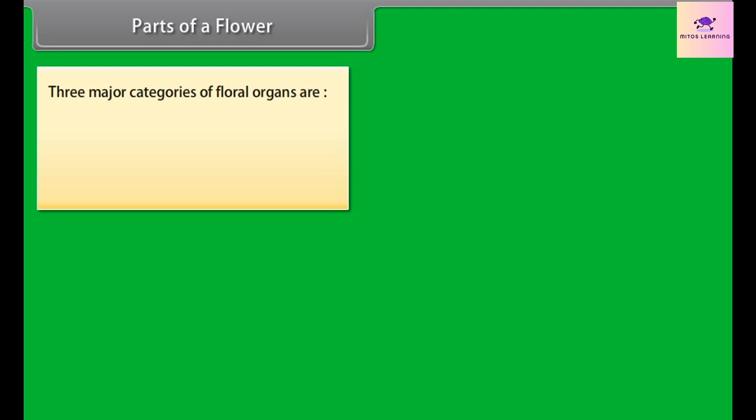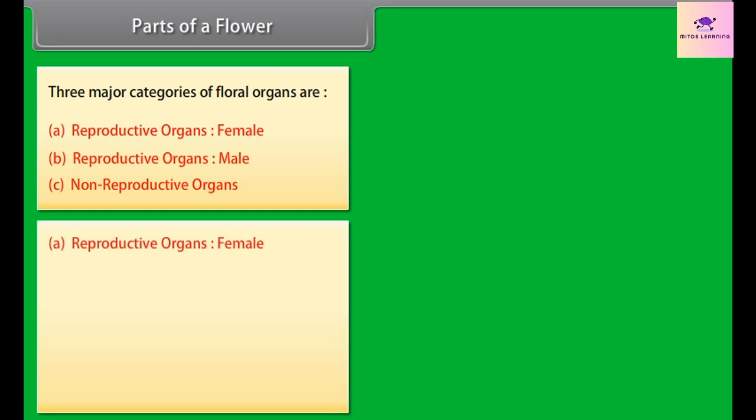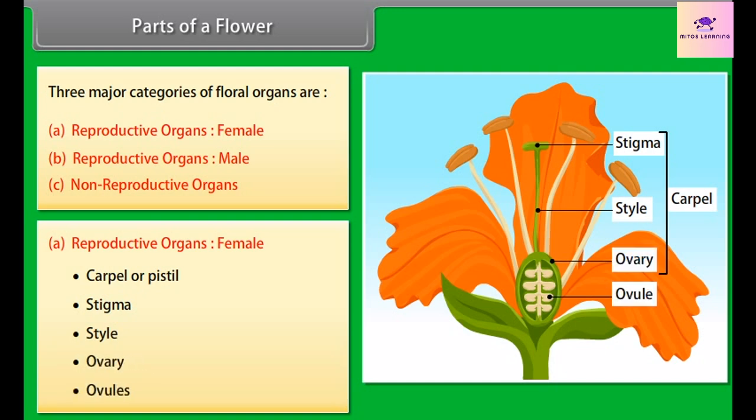Parts of a flower. Three major categories of floral organs are reproductive organs, female, reproductive organs, male, non-reproductive organs. A. Reproductive organs, female: carpel or pistil, stigma, style, ovary, ovules.